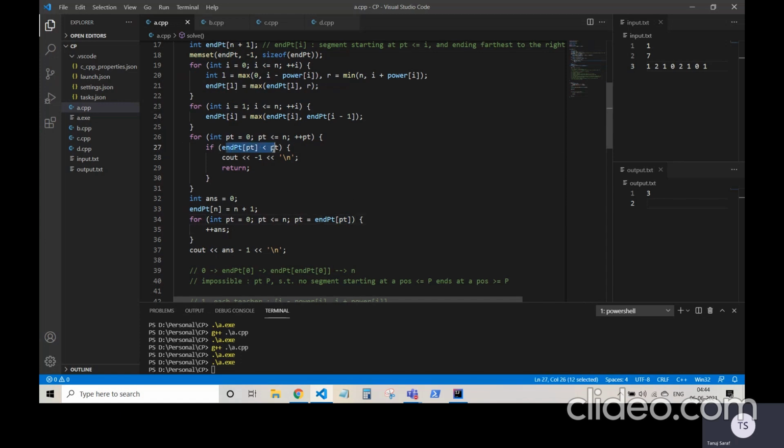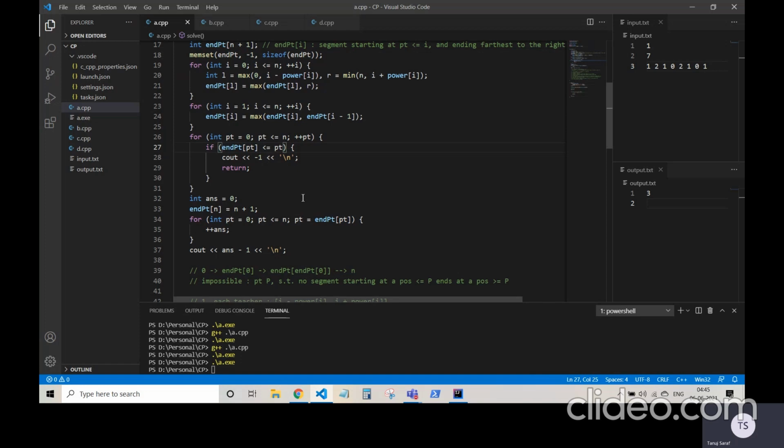If endpoint of point is actually equal to the point itself, even then the answer is not possible, right? Because we have to cover the entire range from 0 to n. This includes all the intermediary ranges as well, between some I and I plus 1. It's not like if I end the segment at I, if I can cover till point I, then I directly start from the point I plus 1.